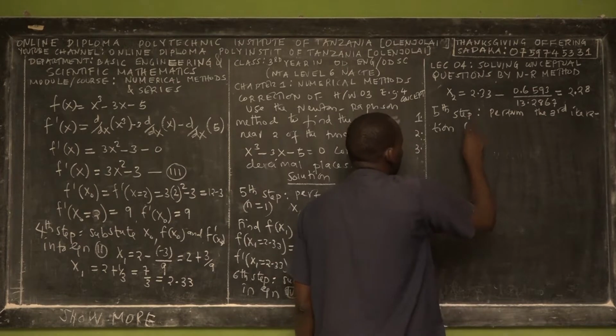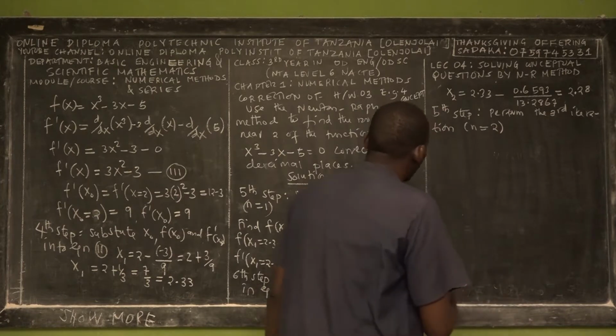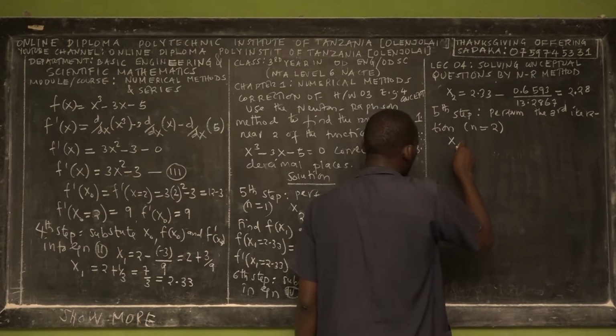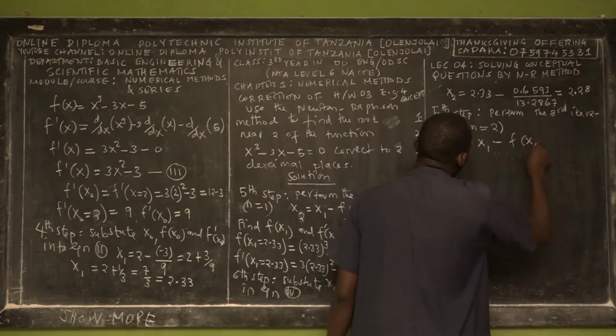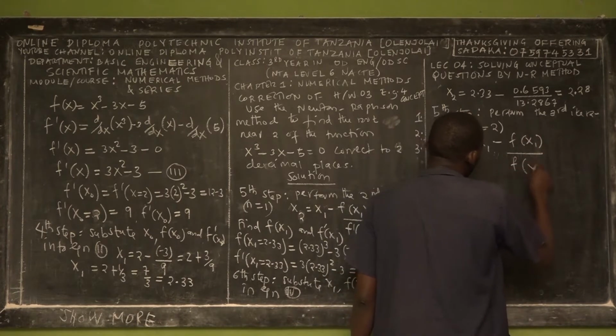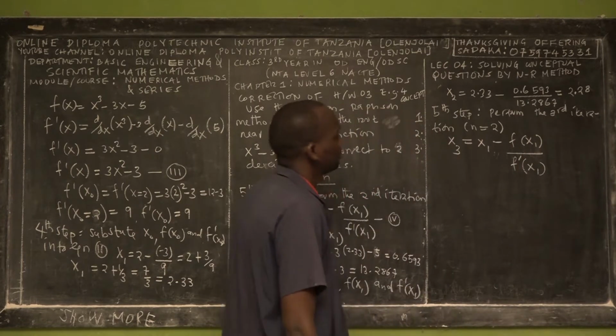So for the third iteration, the value of n is equal to 2. So you have to refer to equation 1. If you substitute the value of n in equation 1, you have x3 is equal to x2 minus f(x2) over f dash of x2.